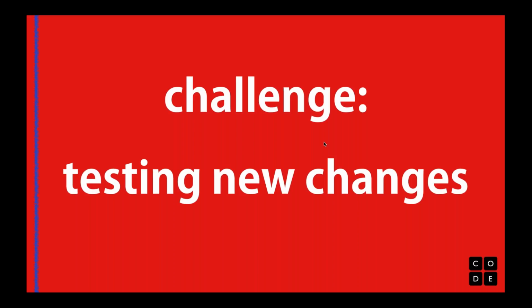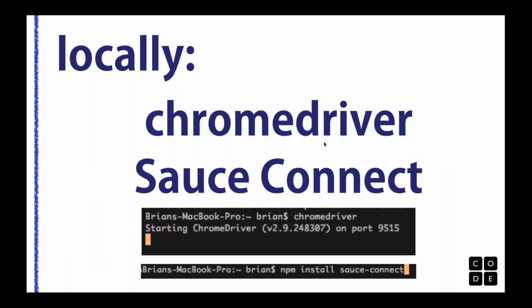So what about testing new changes? Let's say you write a new test and then you want to make sure that it works, right? Or you're actively developing a new test. That's always important. So if you're working locally on your local dev machine, you can use chromedriver.